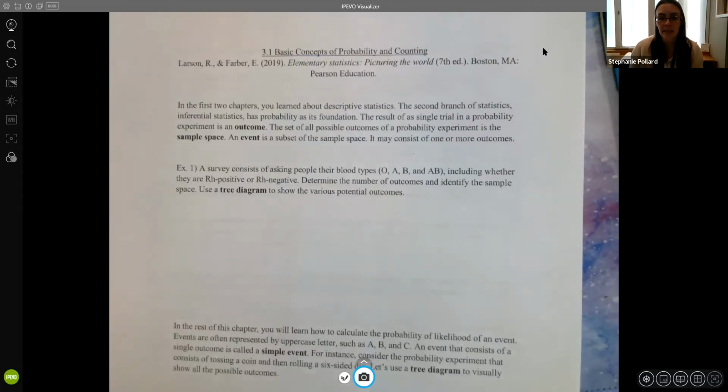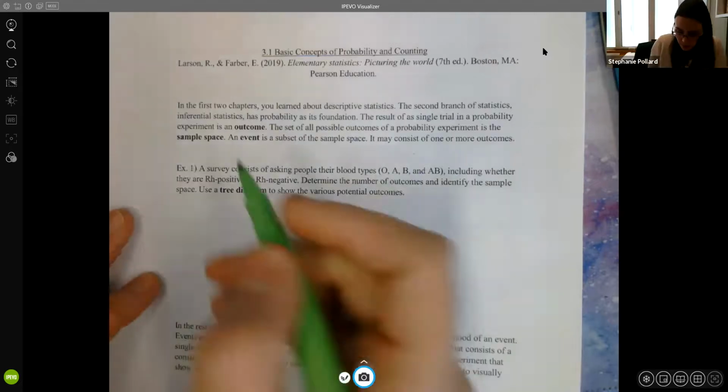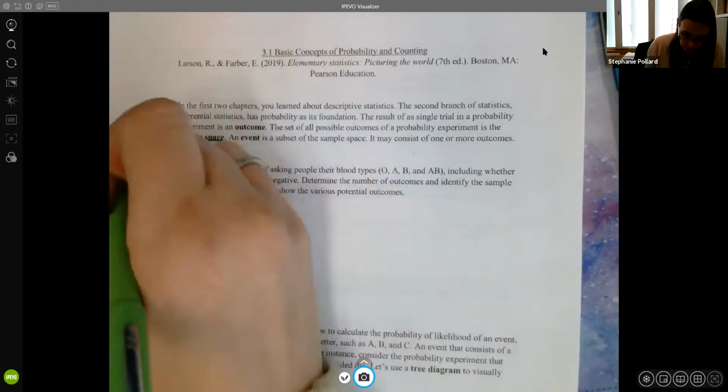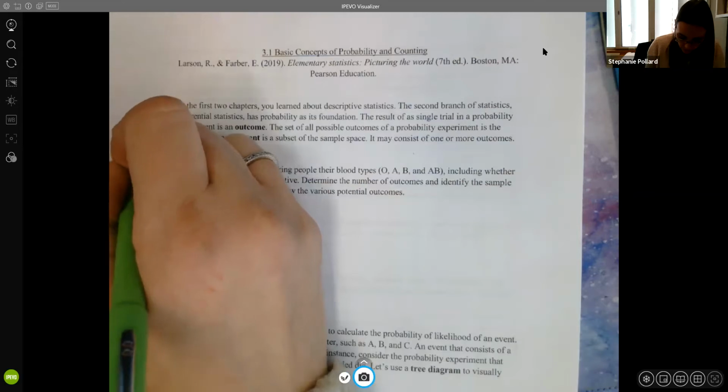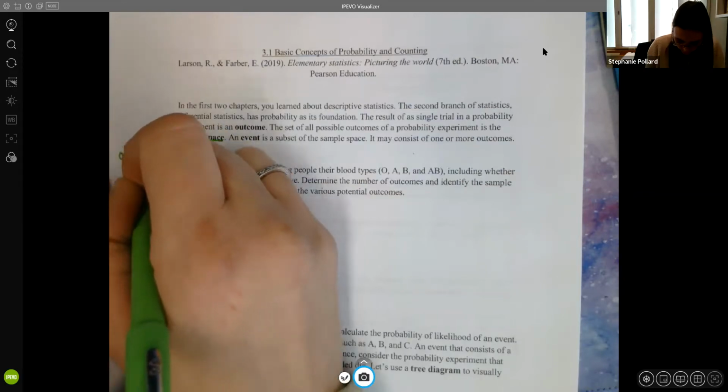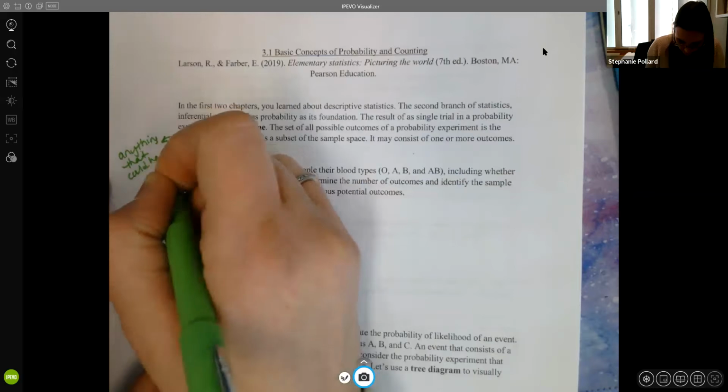The result of a single trial in a probability experiment is called an outcome. And the set of all possible outcomes of a probability experiment is the sample space. So your sample space is basically everything that could happen or anything that could happen. Okay.